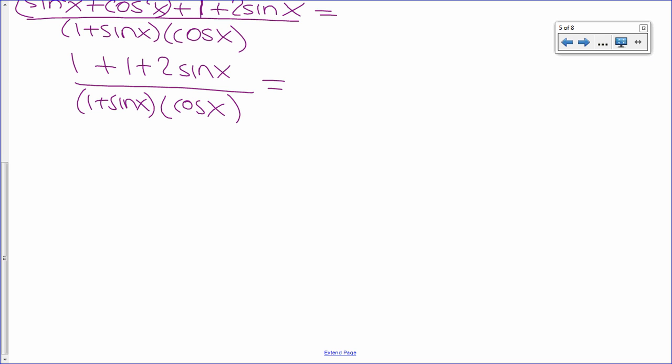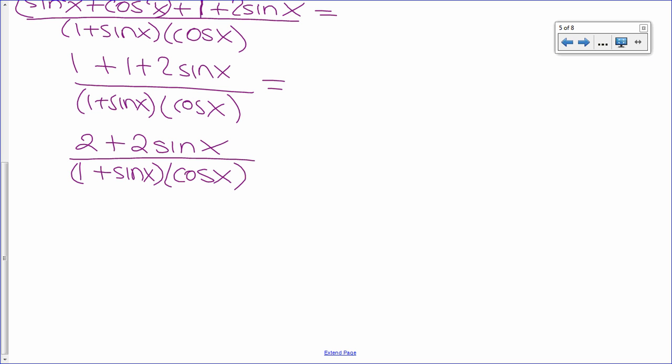And then 1 plus 1 is 2. And what I can do here is, if you look at these two terms, what do they have in common? The 2. So I can factor out a 2, and I will get 2 times. If I factor out a 2 from here, what do I get? 1. And if I factor out a 2 from here, I will get sine x.